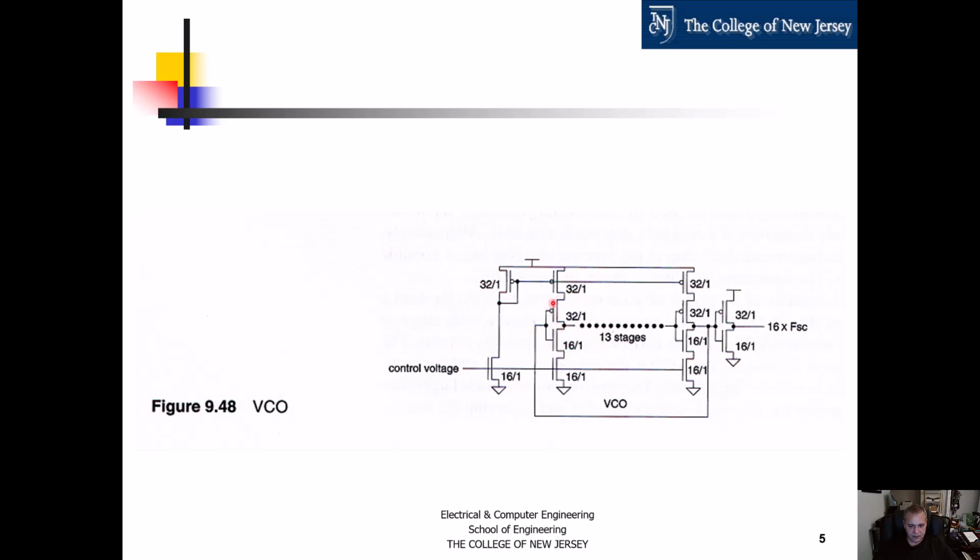So if we make the VDD smaller from this node to this node, which acts as the supply for the inverter, this is the supply voltage that the inverter sees. If we make that voltage smaller, then the delay of the inverter is going to increase. If the delay of the inverter increases, then the frequency decreases and we get a lower frequency.